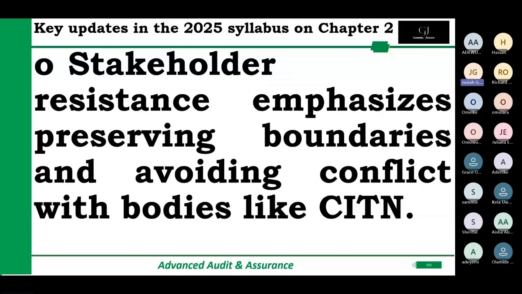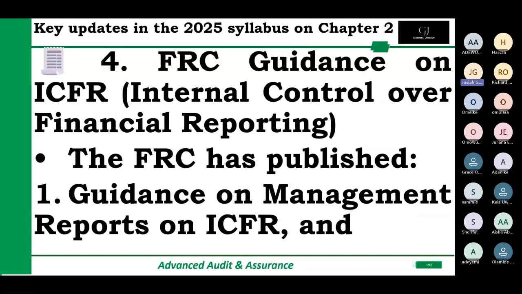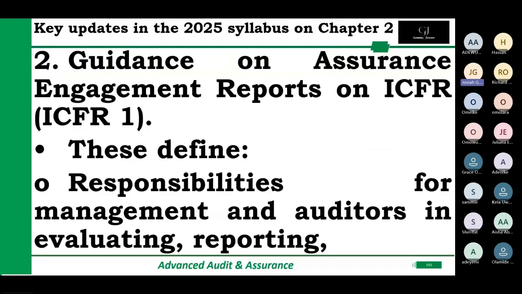And number 4 in the update is the FRC guidance on ICFR. So there are publications, I'll be sharing them on the platform, on the FRC's guidance on management reports on internal controls over financial reporting, and guidance on assurance engagement reports on ICFR.